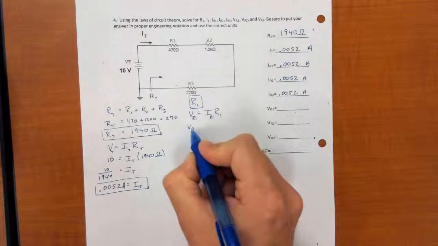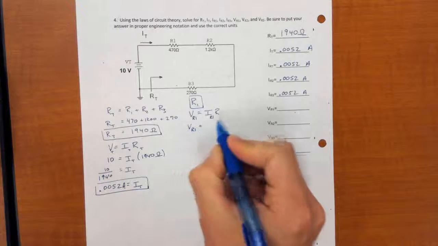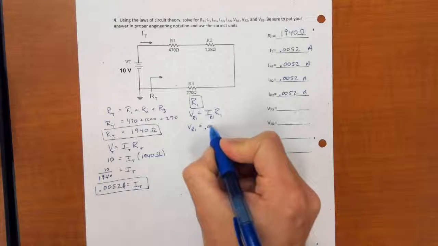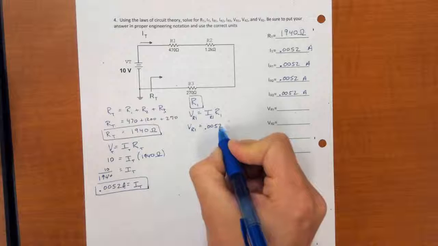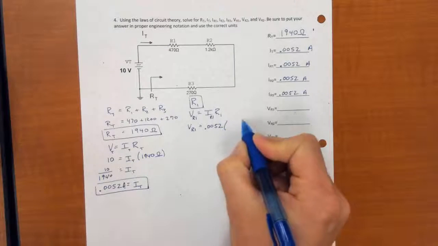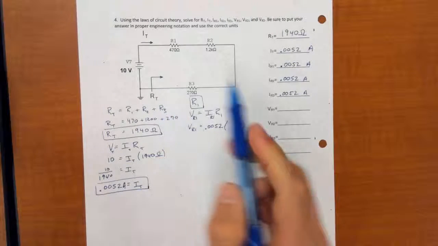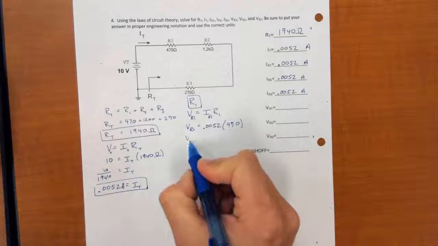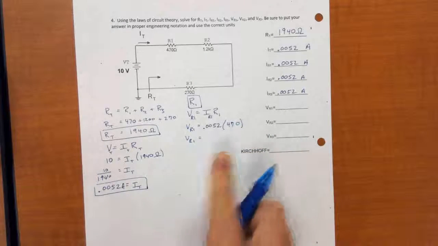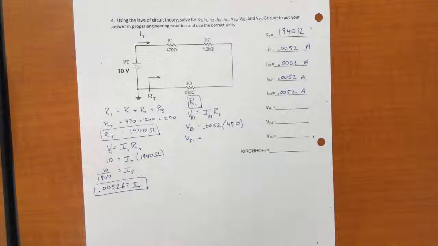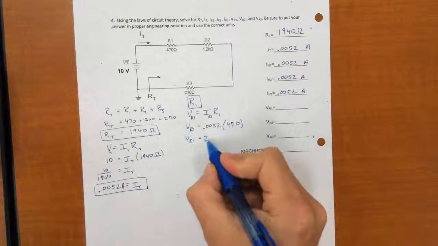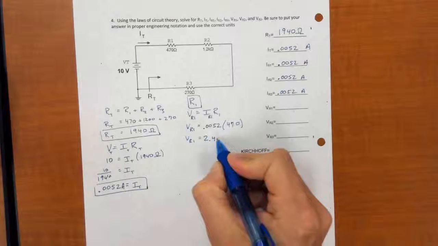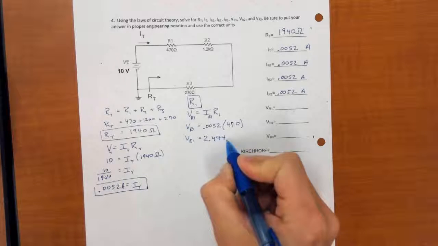That's what we're going to look for. The current we just found out is 0.0052 through everything. And the resistance of resistor 1 is the 470 ohms. So 470 times 0.0052 is 2.444.